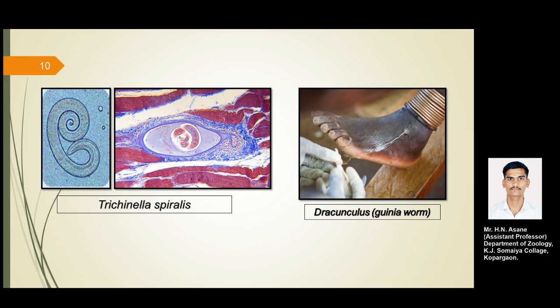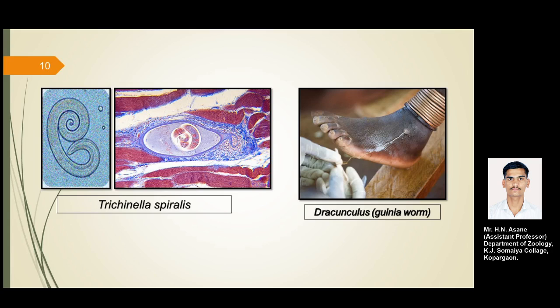In the second picture you are going to see someone holding one particular type of stick, and the Dracunculus species, the guinea worm, is coiled onto that stick.